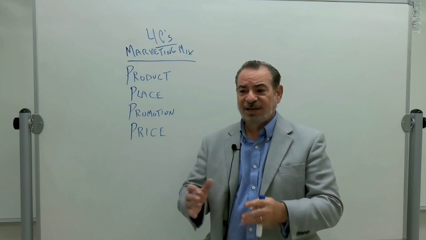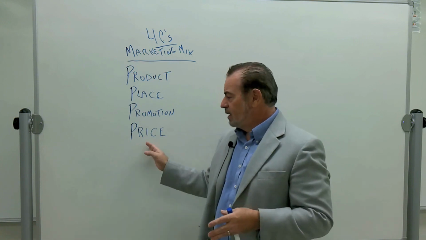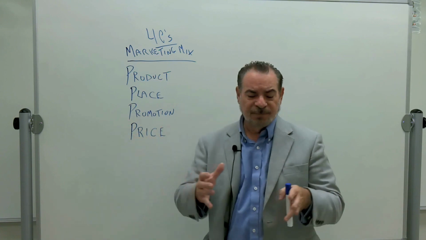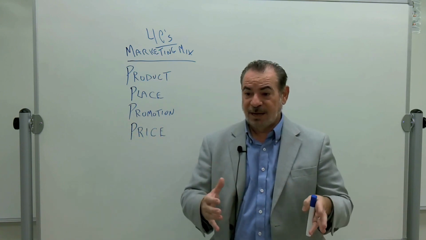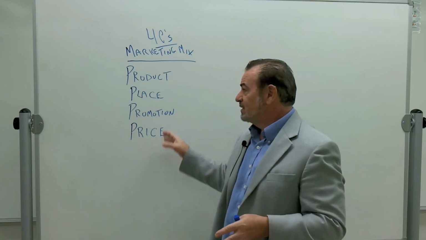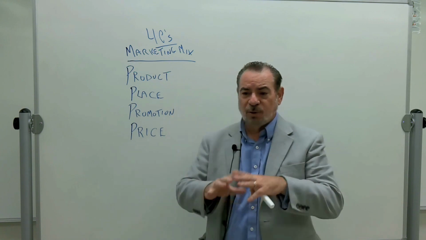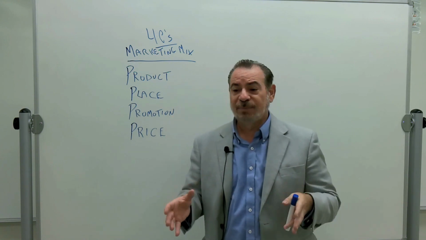So that sort of ties into what we call perception in the marketplace, and price is part of that. It's positioning, how you position your product in the mind of the consumer. So that ties into product, place, promotion, and price. It's all about the quality of that particular product.